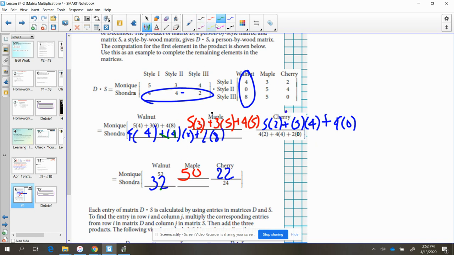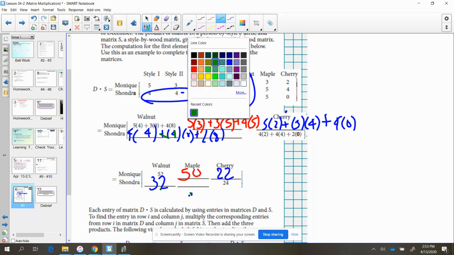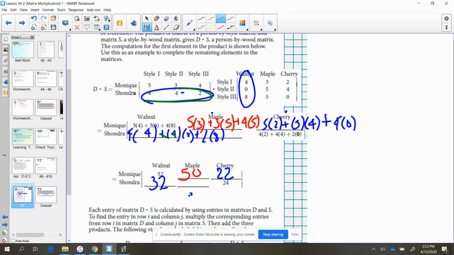And then last but not least, for row 2, column 2, what we need here now is row 2 times column 2. So it's going to be 4, 4, and 2: 4 times 3 plus 4 times 5 plus 2 times 5, for a total of 42.